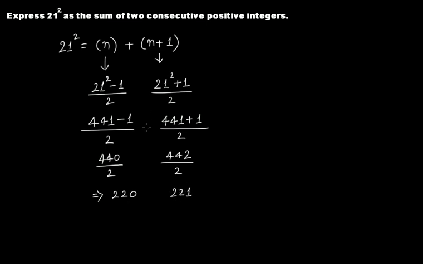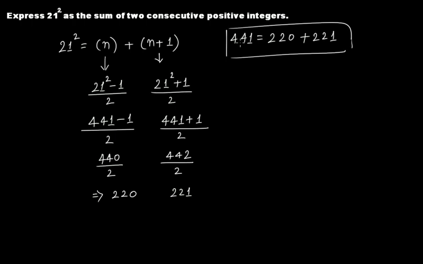So clearly, 21 squared is 441, the first number is 220 and the next number is 221. Can you see that? You can express them this way.